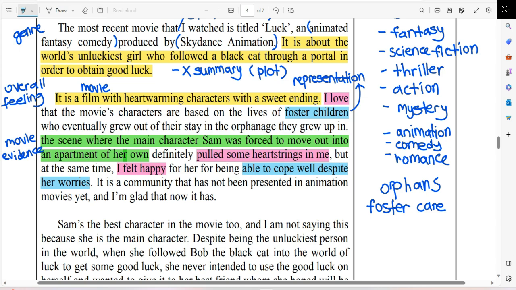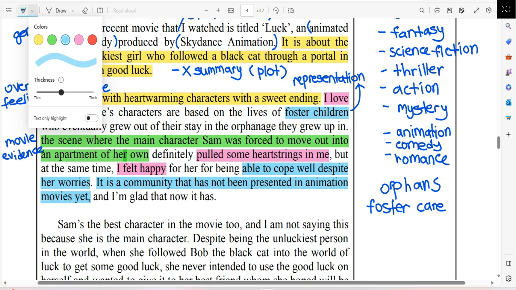So remember, just now we said that foster children is a type of representation. So for the ending of this paragraph, we say that foster children is a community that has not been presented in animation movies yet, and I'm glad that now it has. This is our opinion, and then we have our feelings.